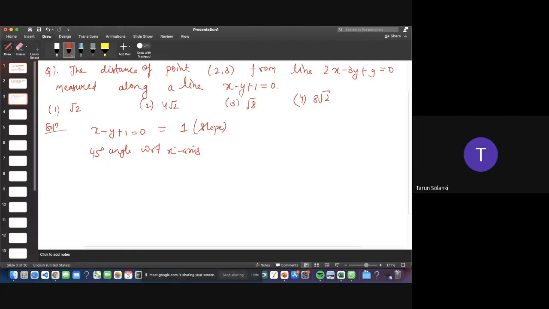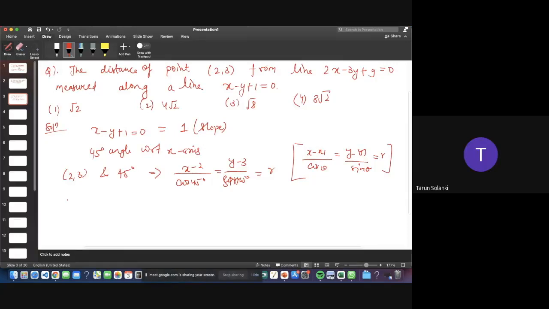So the equation of the line passing through the point (2, 3) and making 45 degrees will be (x - 2)/cos 45 = (y - 3)/sin 45 = r, using the property (x - x1)/cos theta = (y - y1)/sin theta = r.